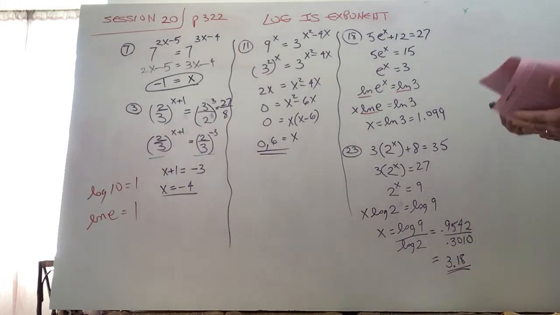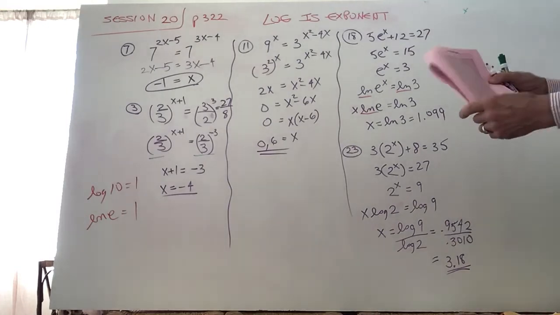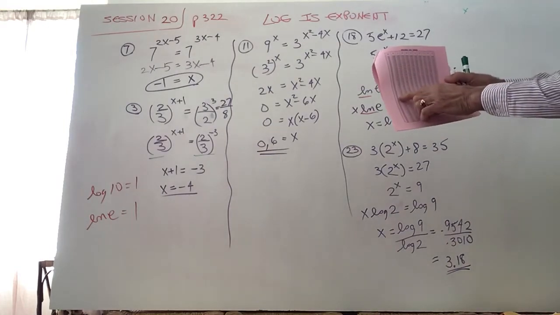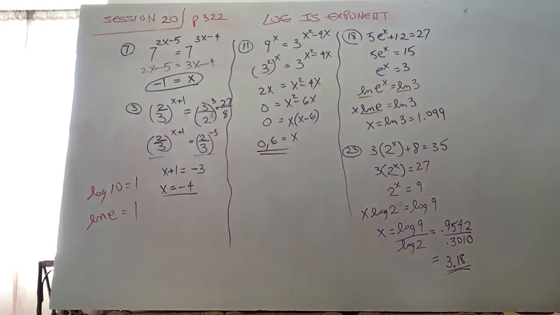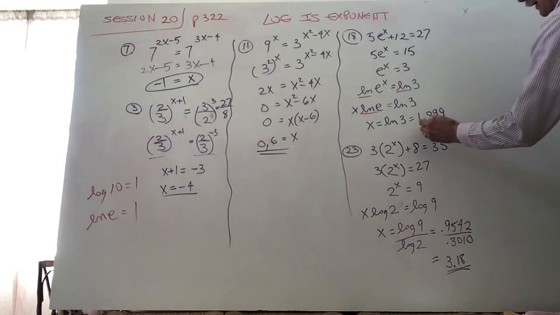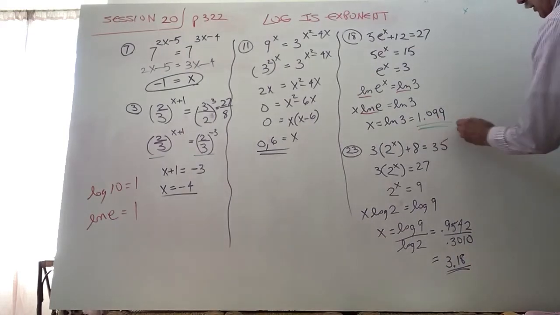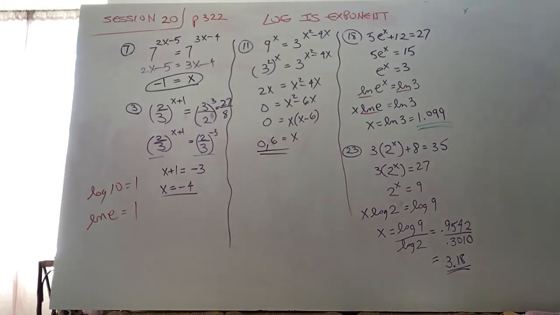Make sure you're using the proper table. Natural log of 3, about right here, and I'm looking at 1.099, which is a good answer for us. We can underline that one and say, look, we finished number 18, just as we would any other equation. Difference being that we like to get the x out of the exponent here by either taking the common log or the natural log of both sides.